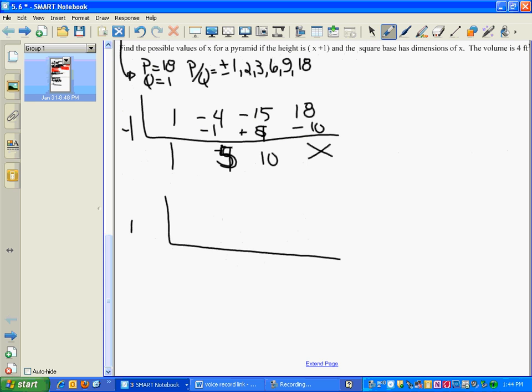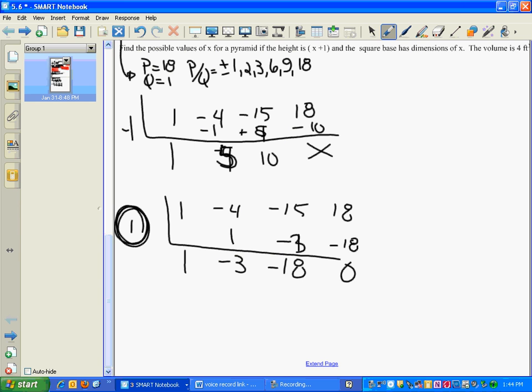1, -4, -15, 18. Pull down a 1. 1, -3, -18, -18, 0. So here's 1, 0. Don't forget this one.